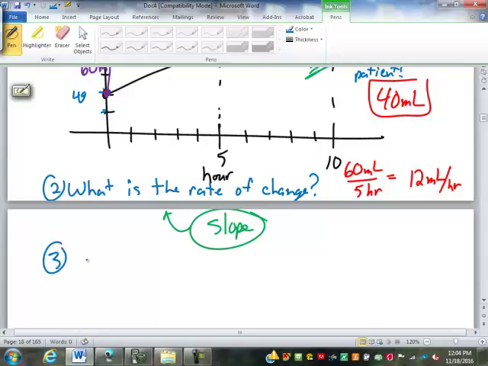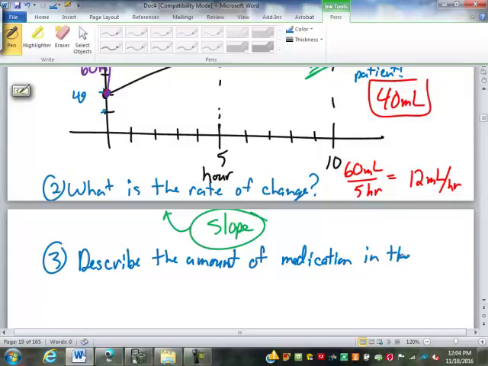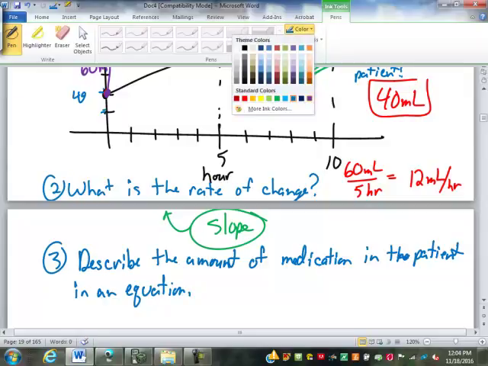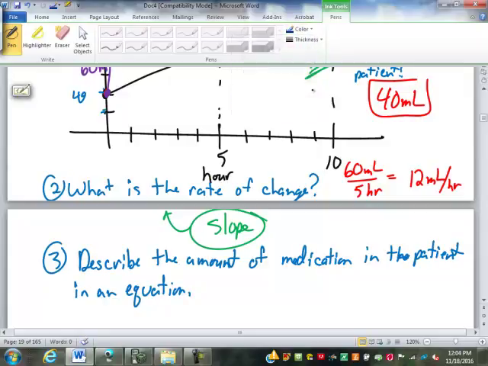So if I am told, describe the amount of medication in the patient in an equation, or write an equation to describe the amount of medication in the patient. Either way works. What's that equation going to look like?